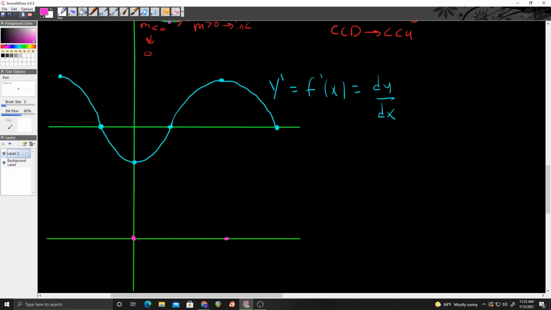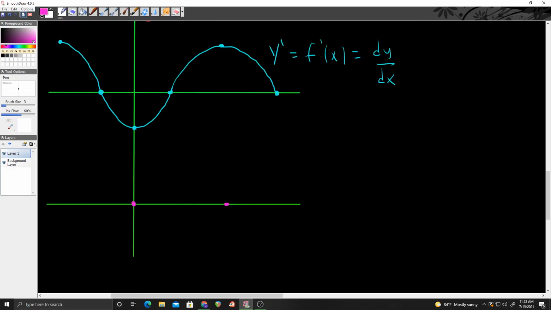So anyway, yeah, the slope. Let me come straight down. It's going to be shallow negative, so something kind of like that. And then from here to here, we're going to get more negative. You can see the slope is getting steeper.